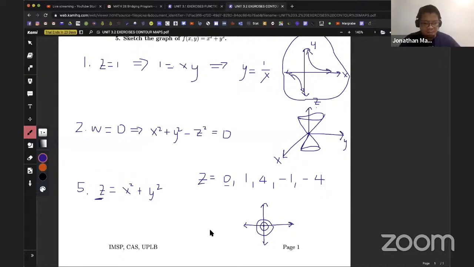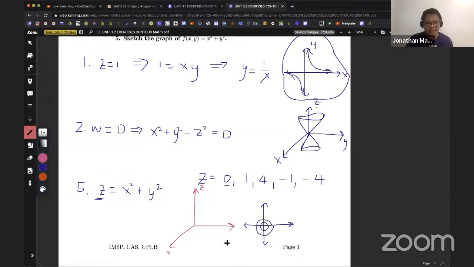Okay? So now, ang papansin nyo, nagkakaroon lang tayo ng graph if z is greater than or equal to 0. So kung titingnan natin on a 3D space, itong vertical axis will be our z-axis.